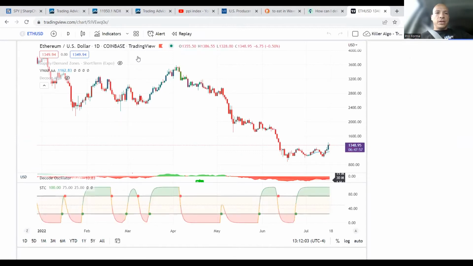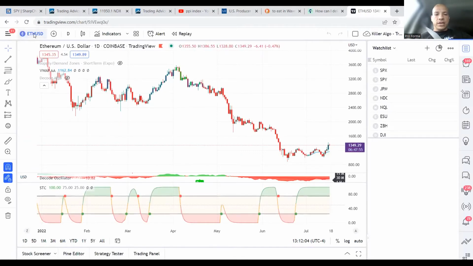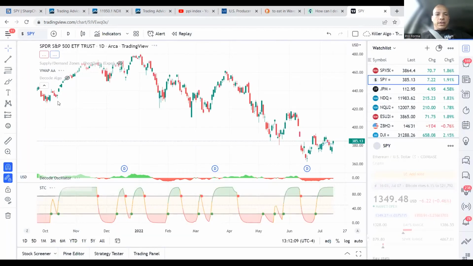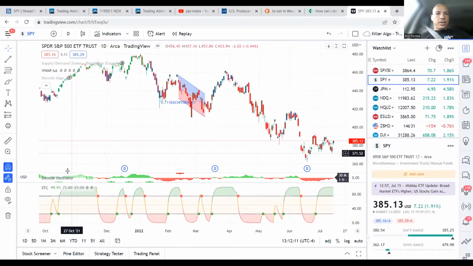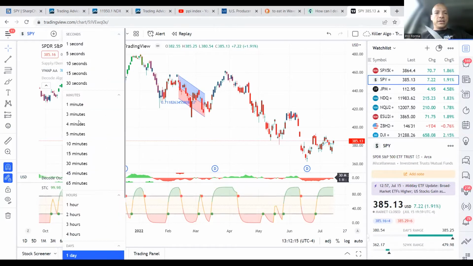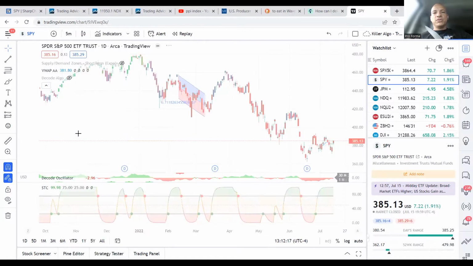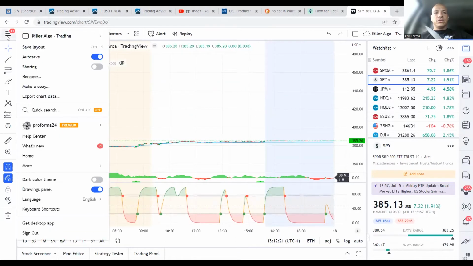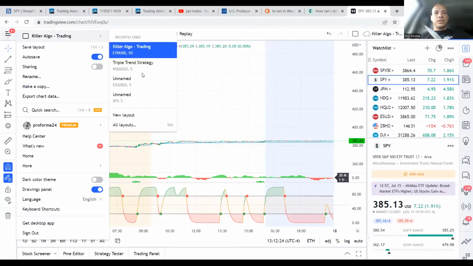And so here we have, let's just take a look at SPY. And we're going to look at this on a daily. I basically use the 5-minute candles. So each one of these candles is going to have, let's switch to something that's easier to see. It's Triple Trend.